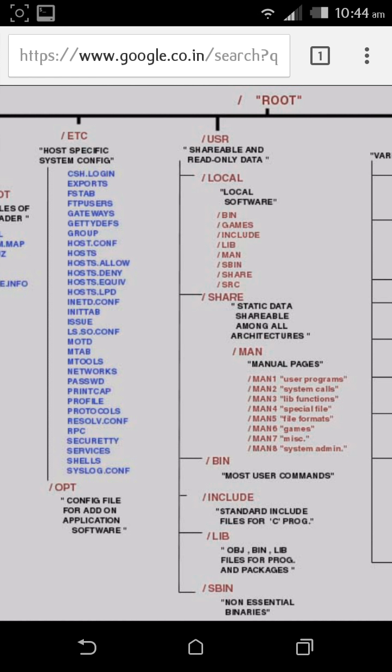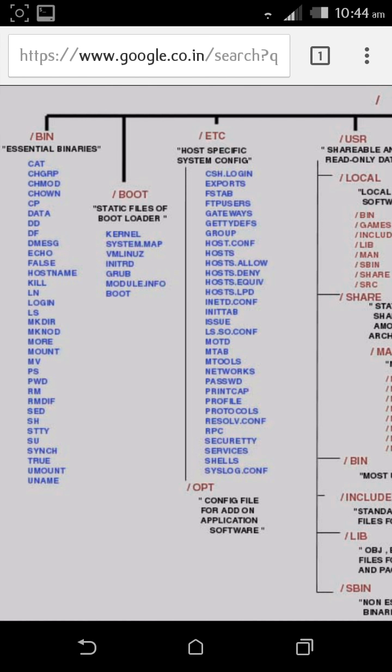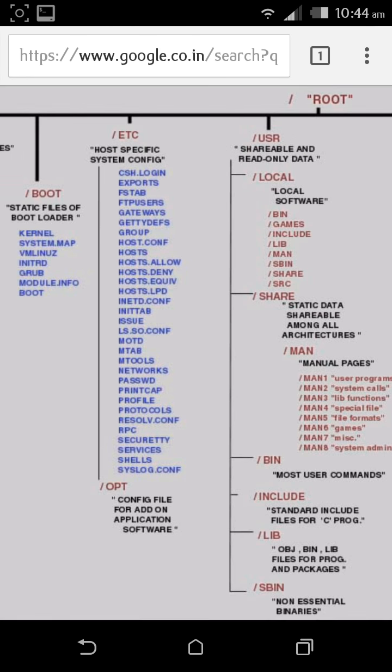I will be explaining what these directories are in later tutorials. So the Android file structure is a Linux file structure. It starts from the root directory, then it branches out to bin, etc, user, var and sbin.